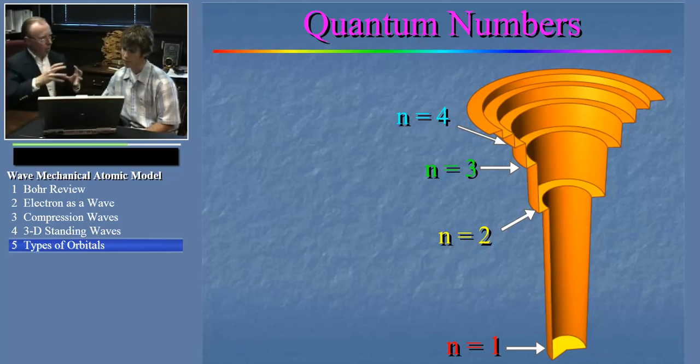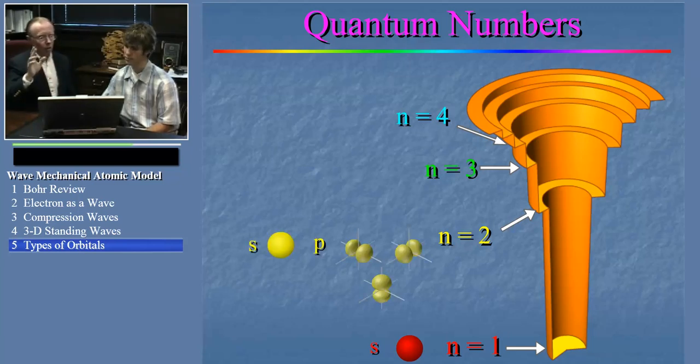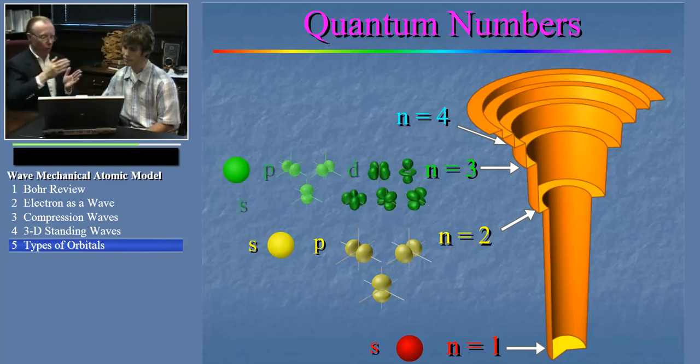That's the s-type orbital. Oh, okay. For n equals 2, two types are allowed, the s and the p-type. And since the p-type come in sets of 3, we show it that way here on the diagram. Now for n equals 3, we add the d-type. So we can have 3s, 3p, and 3d.